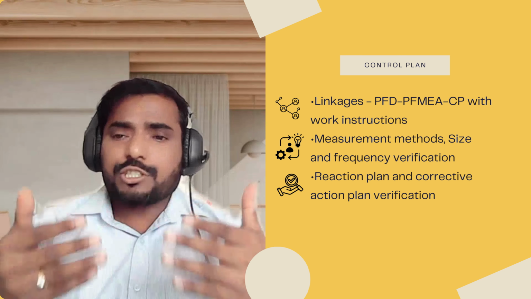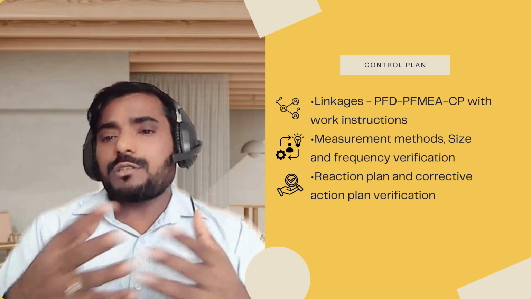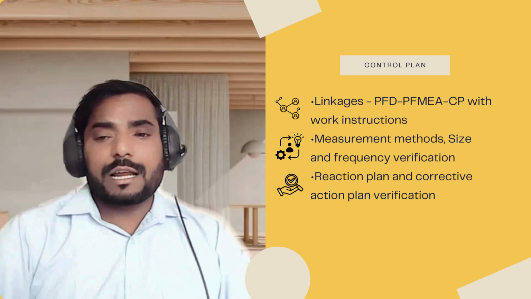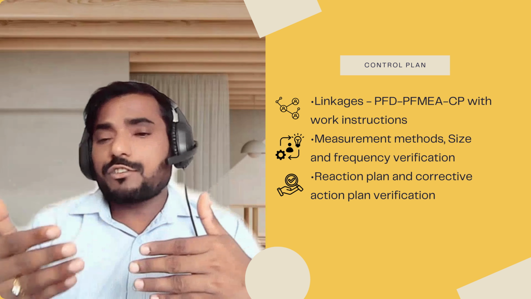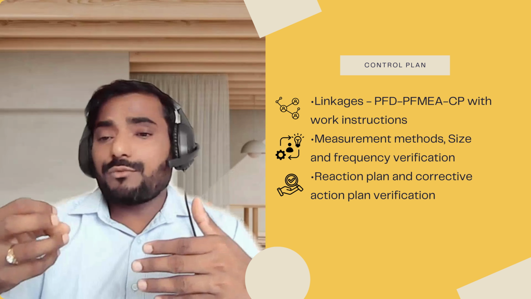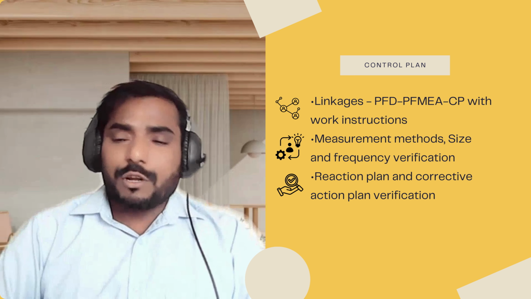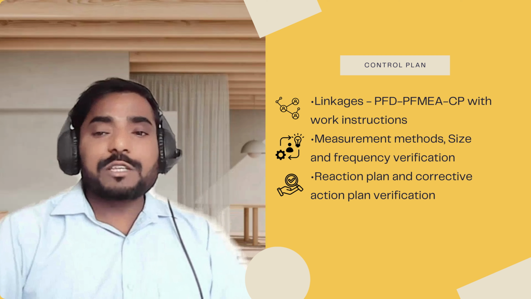What should be my inspection or verification plan? What should be the frequency? Who is responsible? Am I responsible for this particular activity, or is someone else? That is the reason the control plan should normally be displayed at the shop floor, because the operator will follow that control plan to ensure the decided product and process characteristics are met as per the drawing or the specification requirement.